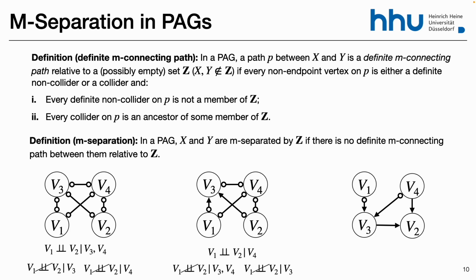What happens with the other path? Is it of definite status? Yes, it is. It's a definite non-collider. It's a tail here. So this is opening this path.